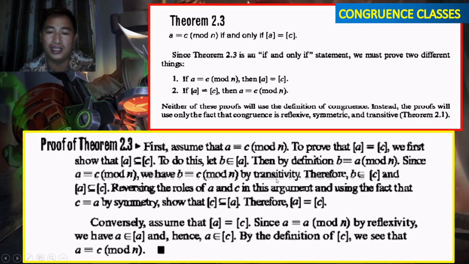Meaning B is an element of the equivalence class containing C. So we have shown that B is an element of C's class, which shows the subset. Therefore, the equivalence class containing A is a subset of the equivalence class containing C.